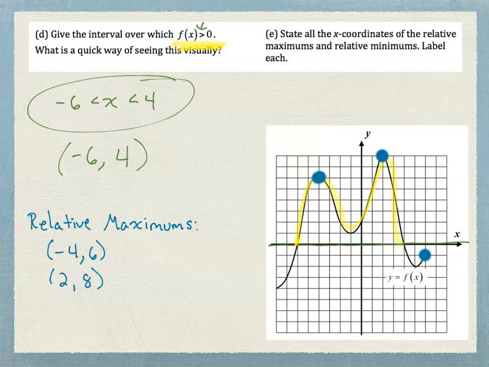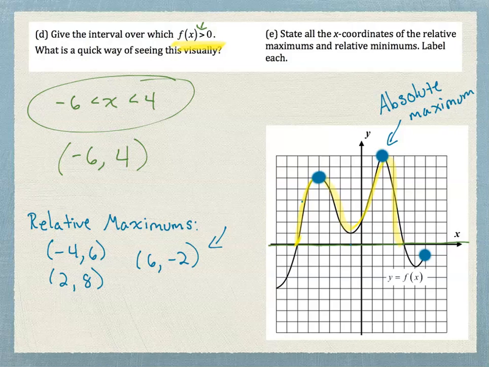Be careful: these look like they're in interval notation, but these describe points and not intervals. They are the points of the relative maximums, and a relative maximum is just the highest point in a given area. It's not the highest point overall. The highest point overall is this guy, and we call him the absolute maximum. The absolute maximum is also a relative maximum.